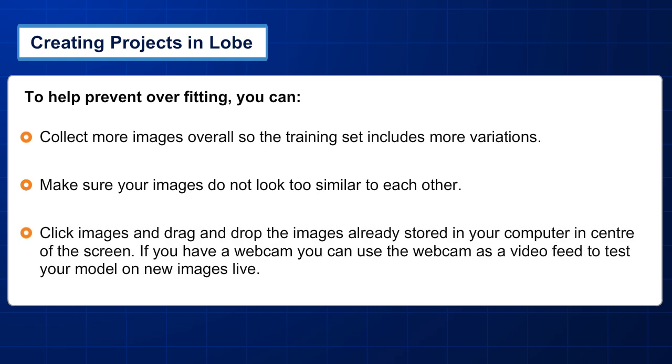Click Images and drag and drop the images already stored in your computer in center of the screen. If you have a webcam, you can use the webcam as a video feed to test your model on new images live.